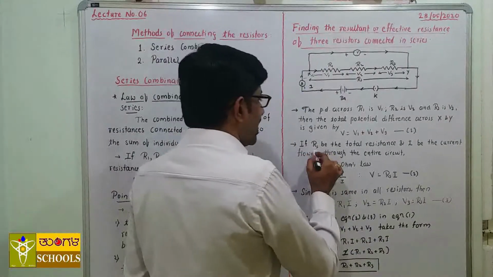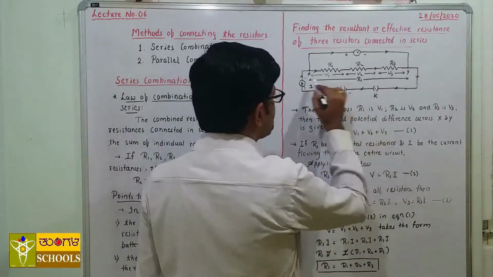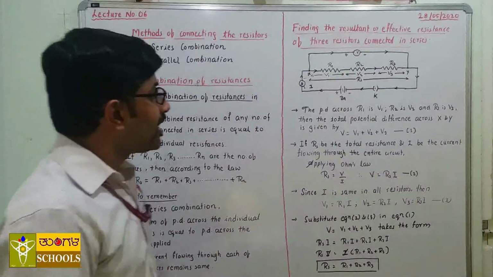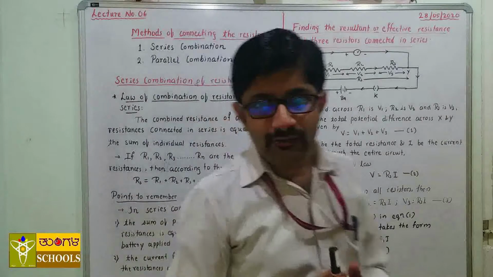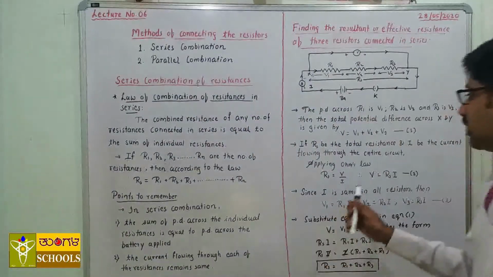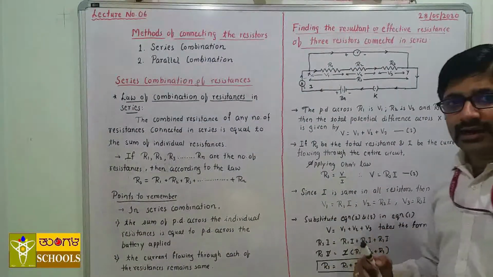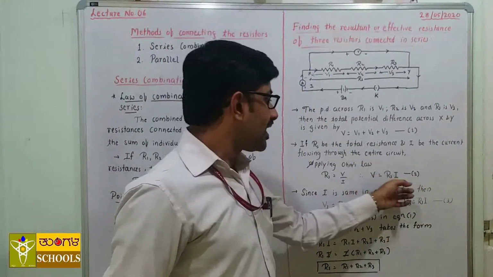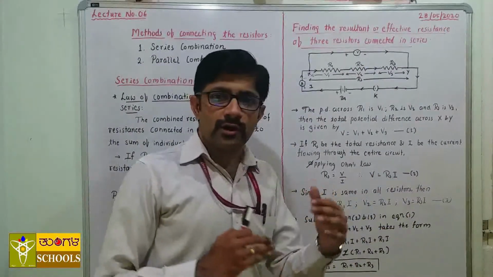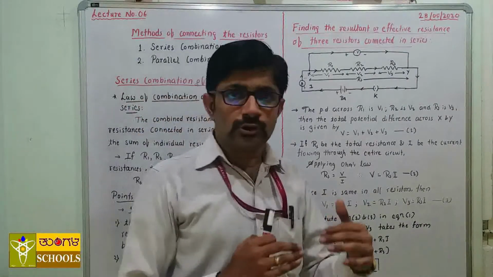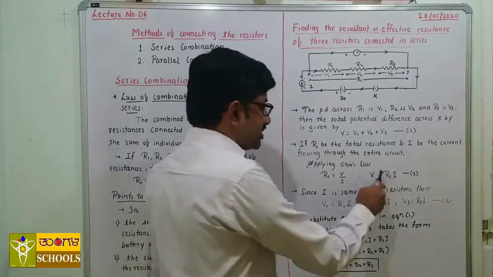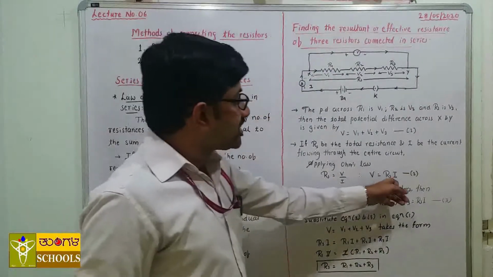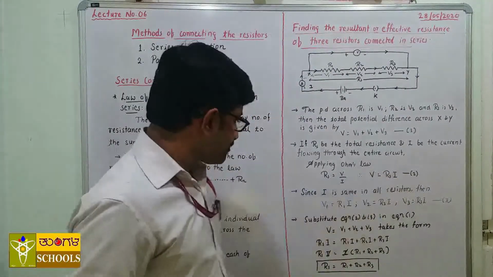If Rs is the total resistance across X and Y, and I is the total current flowing through it, then according to Ohm's law, Rs equals V by I, therefore V is equal to Rs into I. I used the term Rs because the subscript S indicates series resistance.